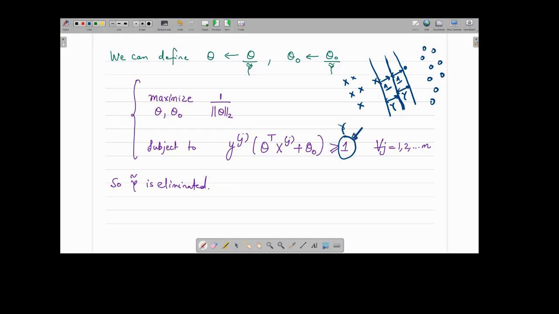So this is a distance, and you want to ensure that all the data points you are trying to classify are not within this boundary. This is your main boundary and this is the margin: this is 1 and this is 1. This is what this constraint is trying to tell you. Okay.